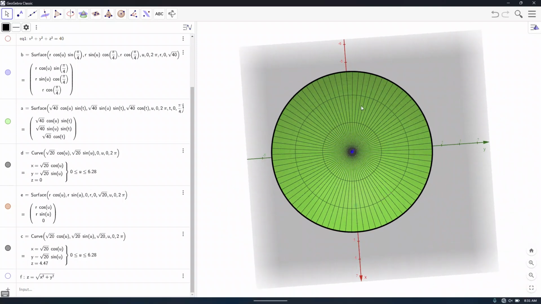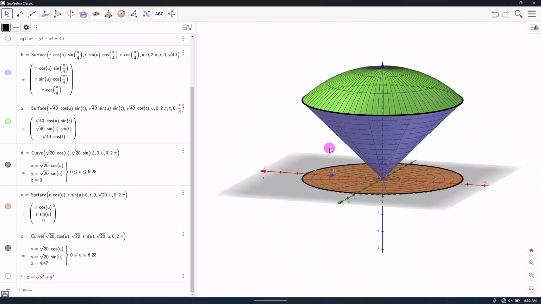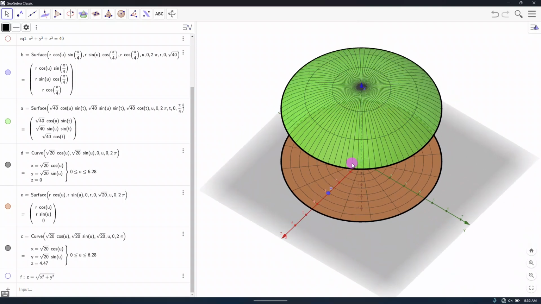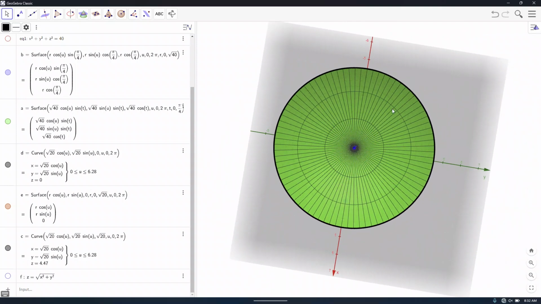It's symmetric about the x-axis and about the y-axis, so it looks like we could find the volume of this ice cream cone by simply finding the volume in the first octant right here and multiplying that by 4, right?